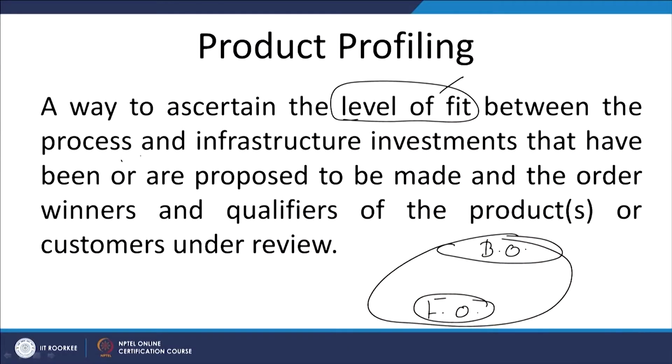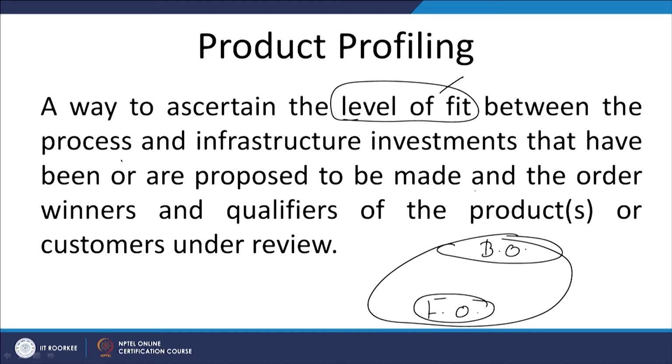So, what is this level of fit, whether it is completely fit or there is a lack of fit, is an important thing. And where are we going to check this level of fit? Between the process and infrastructure investments that have been or are proposed to be made and the order winners and qualifiers of the products or customers under review.